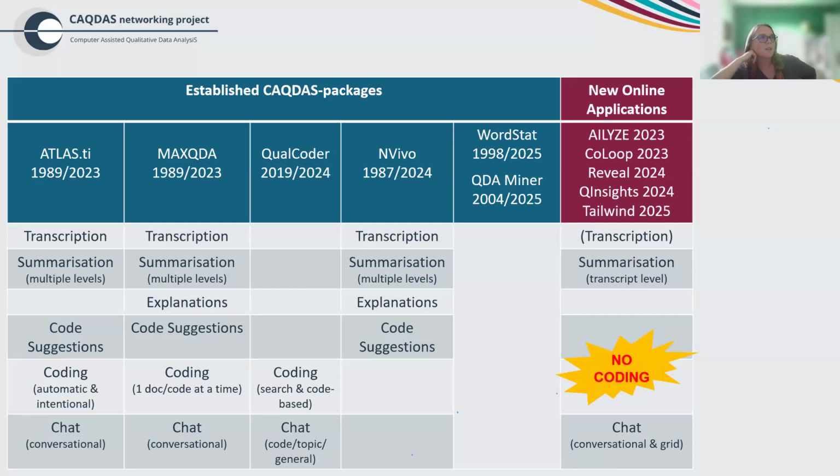I haven't yet seen any no's, which is unsurprising to me, because coding is the bedrock of how many, not all, but probably most qualitative analysis methods work. So the fact that these new online applications, which are harnessing generative AI, have no coding is potentially changing the way that we may be doing qualitative analysis in the future.